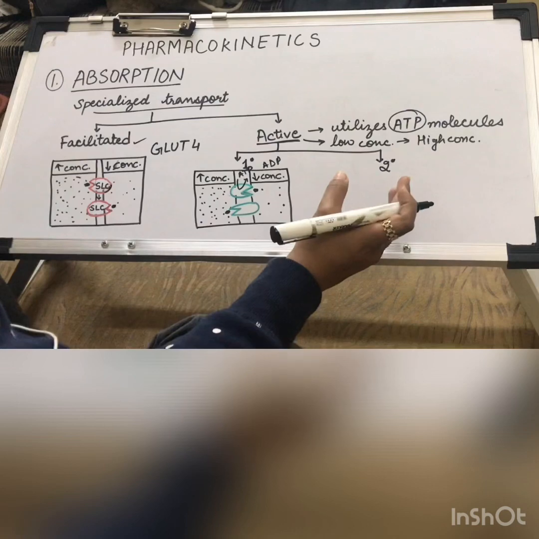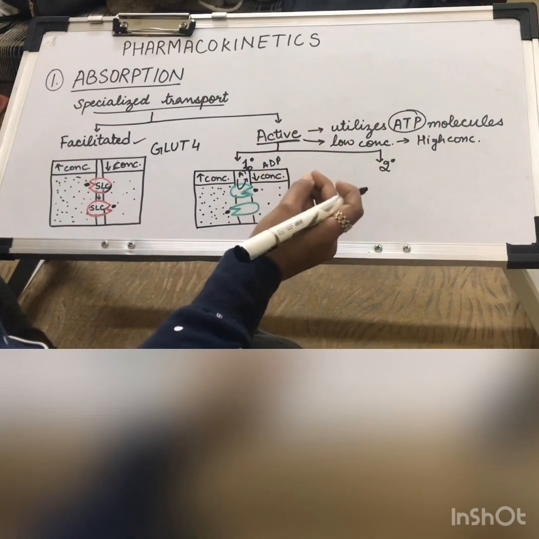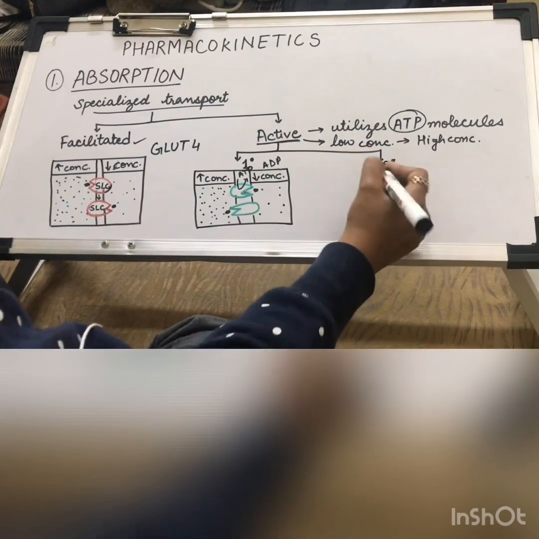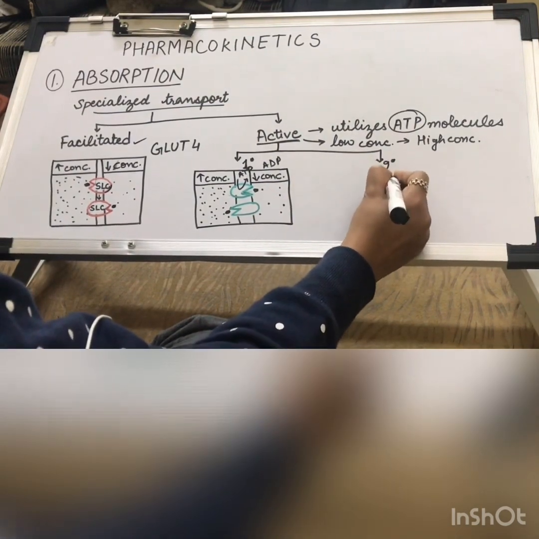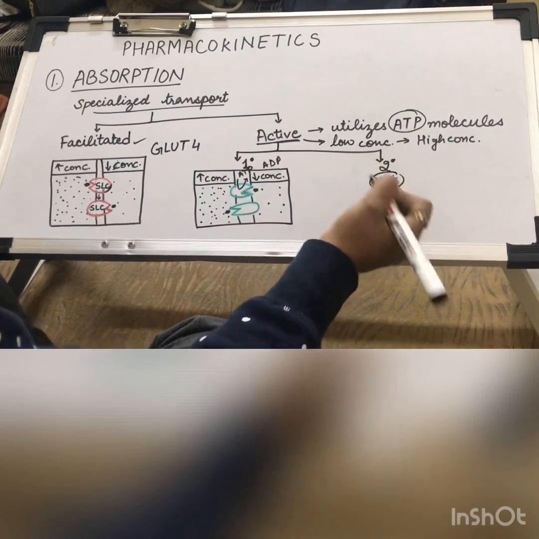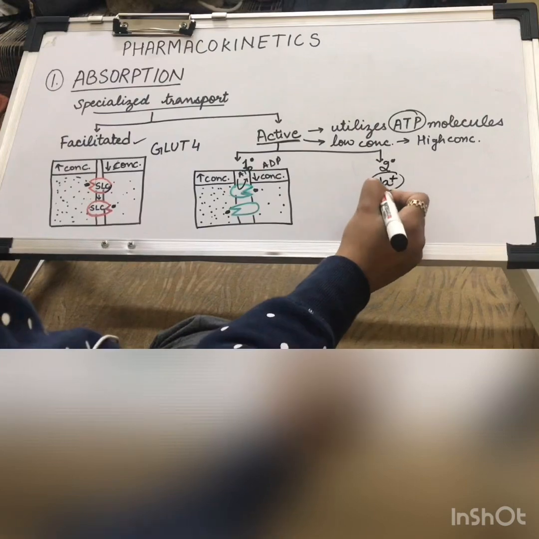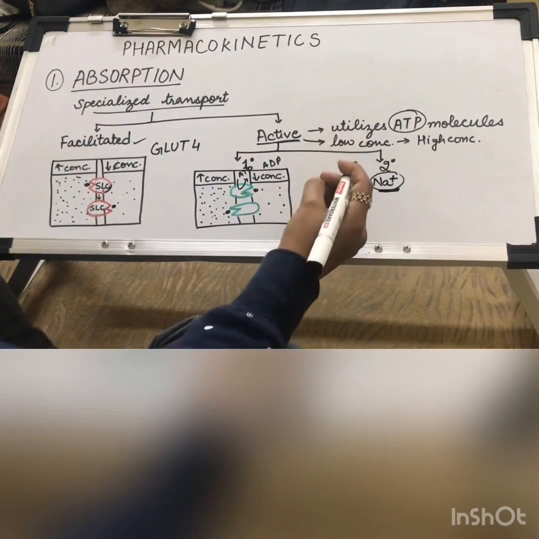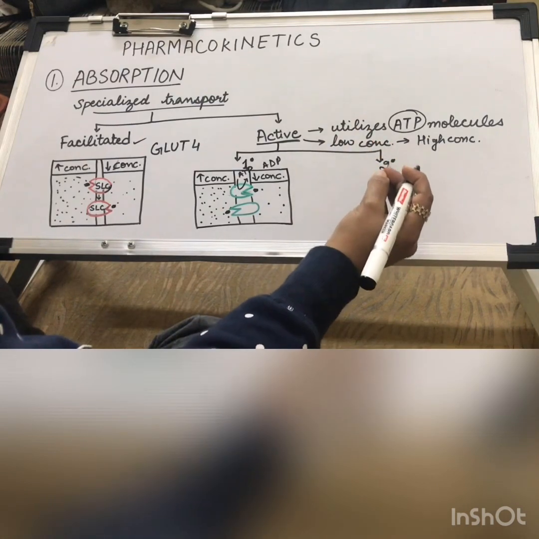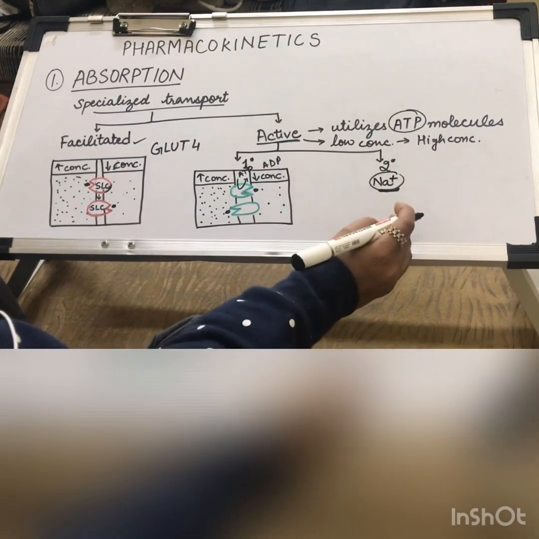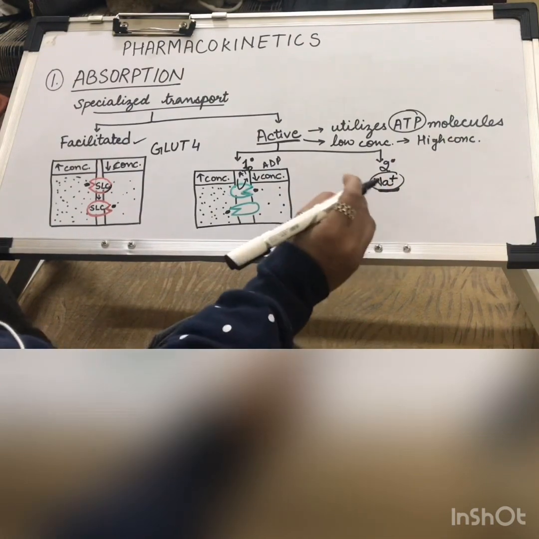That is, the energy to pump one solute is derived from movement of another solute, which is mostly sodium ion. That is, the movement of your drug or your substrate will be done from the energy which is obtained from movement of another ion or solute.